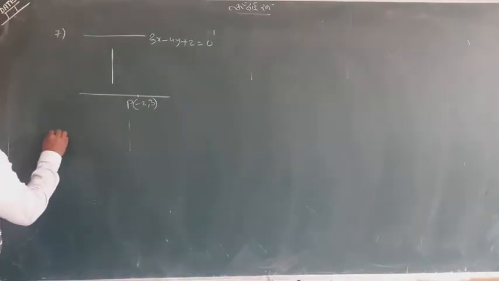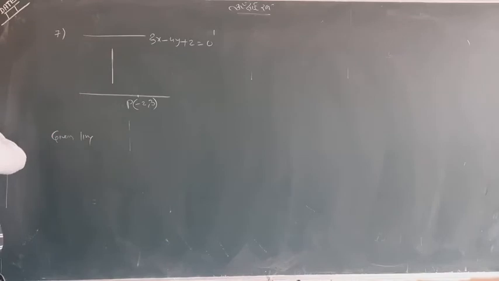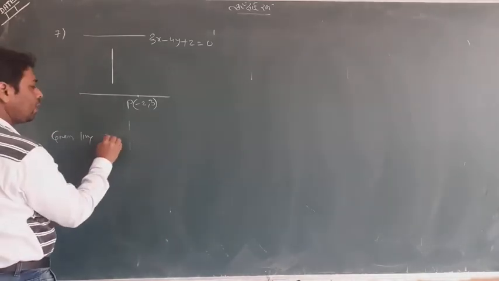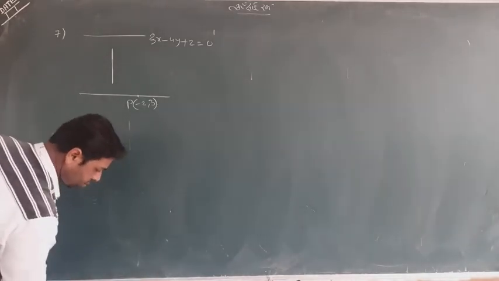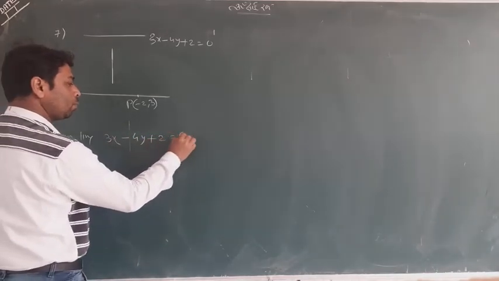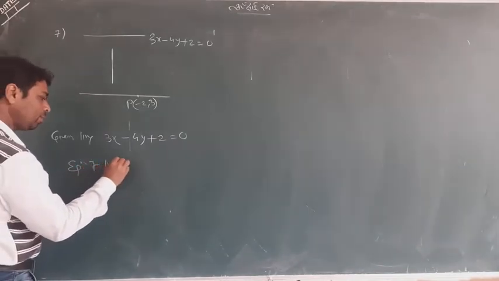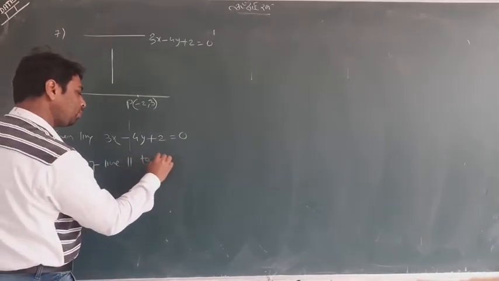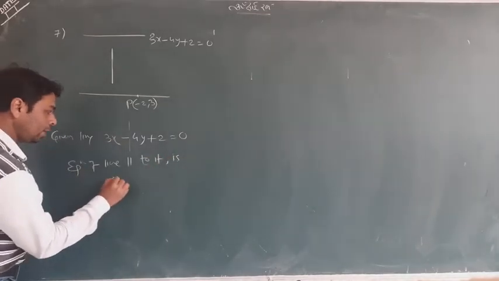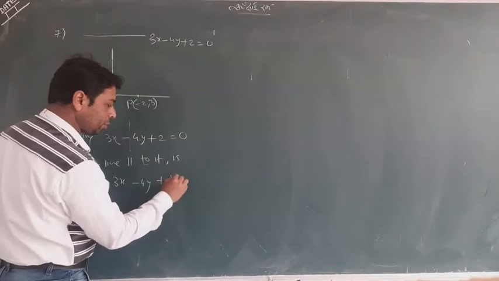So I write here, first the given line is 3x minus 4y plus 2. So I write here the equation of the line parallel to it: these two will be the same, these two will be the same, this number will be changed.